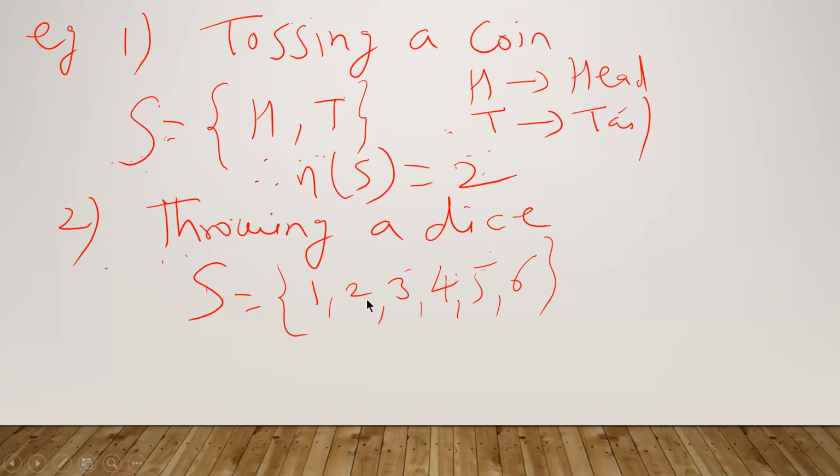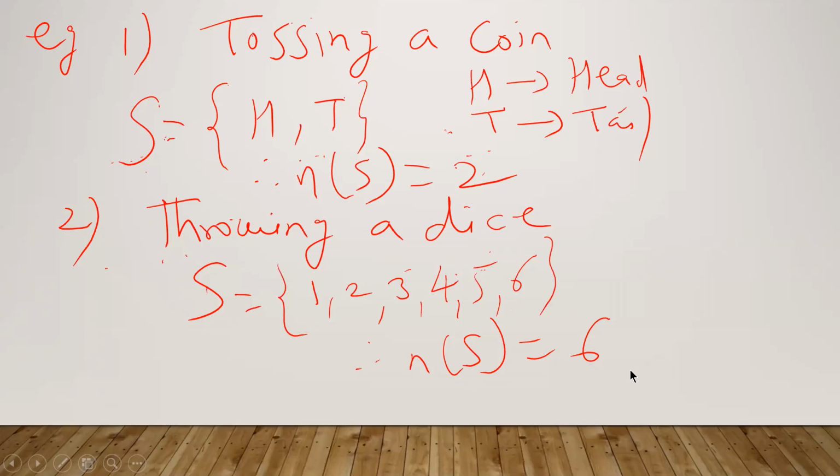These are the only possible results of this experiment. So these are called the sample points. And how many sample points are there in S? It is 1, 2, 3, 4, 5, 6. So we will say that the number of sample points in S is 6, or the number of members in S. So in this experiment the sample space contains 1, 2, 3, 4, 5, 6, so n of S is 6.